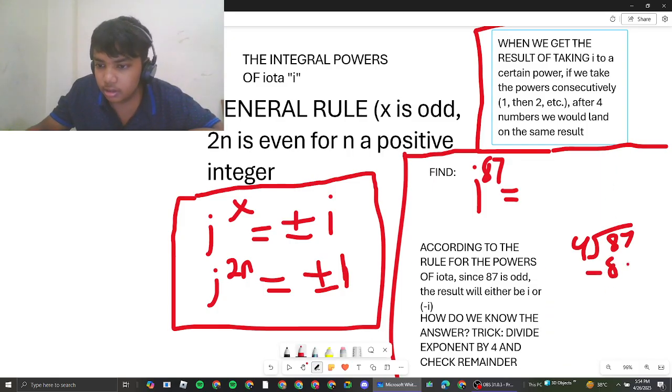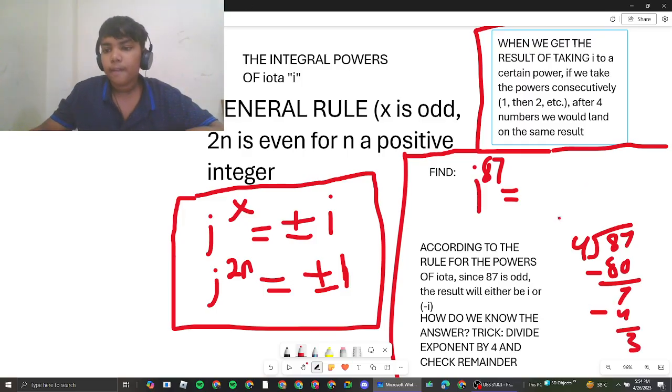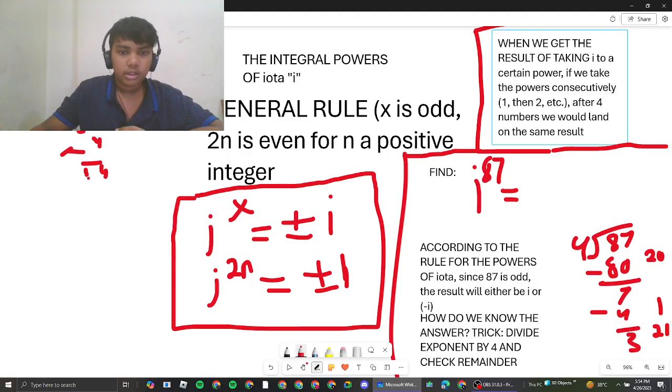Subtract 80, 7, subtract 4, 3. 4 into 87, 4 times 20 is 80, so we get 21 and 3/4. Okay? Basic math. 21 and 3/4. My answer is correct. So now, look, the remainder we get is 3.